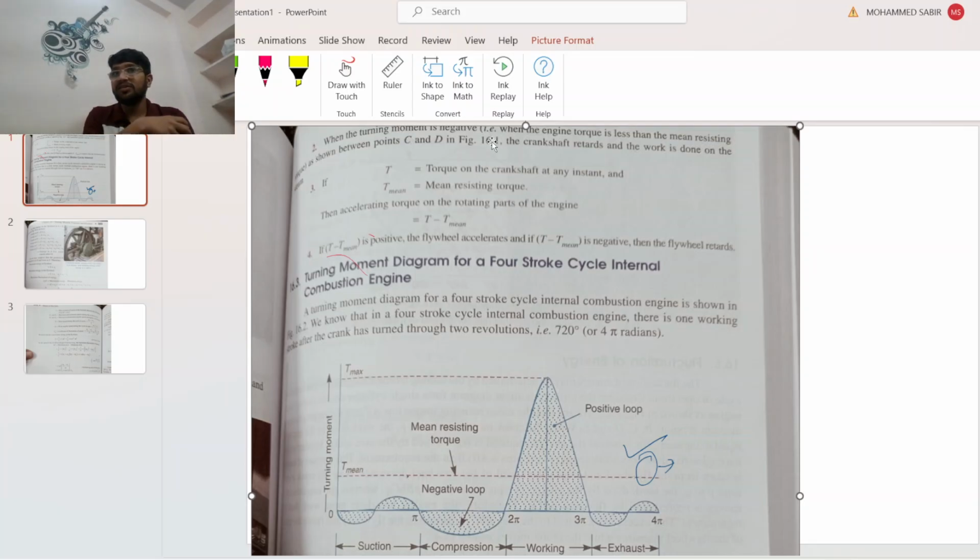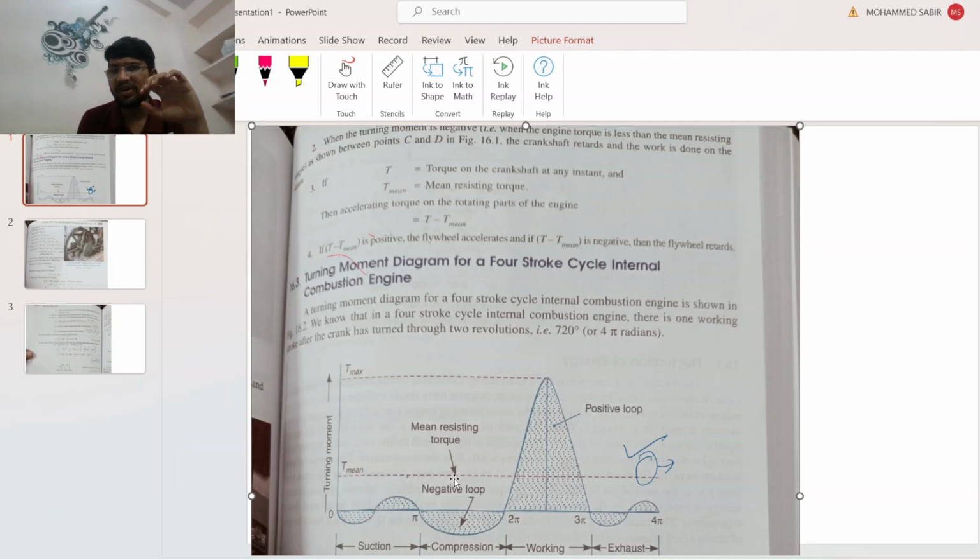Four-stroke engines have a lot of applications. So we have two torques: one is our main torque, and this is the resisting torque.